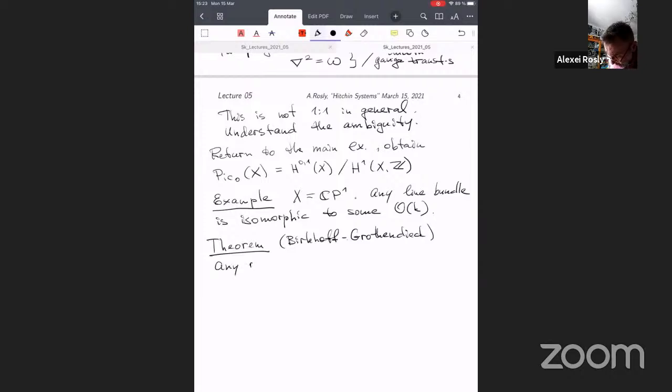Any rank k holomorphic vector bundle over CP1 is isomorphic to a direct sum of line bundles O(L_i), where the sum runs from i equals 1 to k, because the rank equals k.